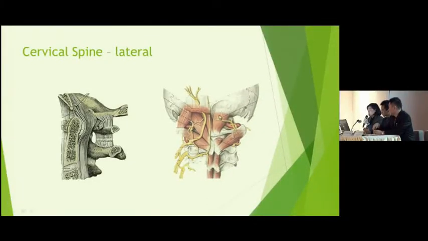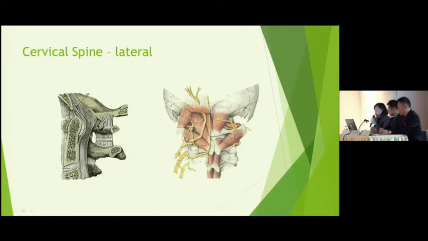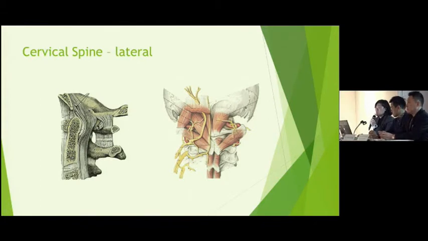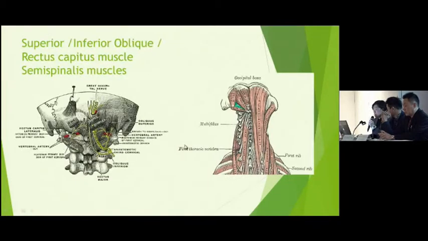Then we align our probe horizontally in short axis, and then rotate to see the oblique muscles. As you all know, the nerve is associated with the occipital artery, so the Doppler signal of the occipital artery is very easy to identify. Once you identify it, we scan up and down to trace the nerve down to the area where it exits between the levels of C2-3.